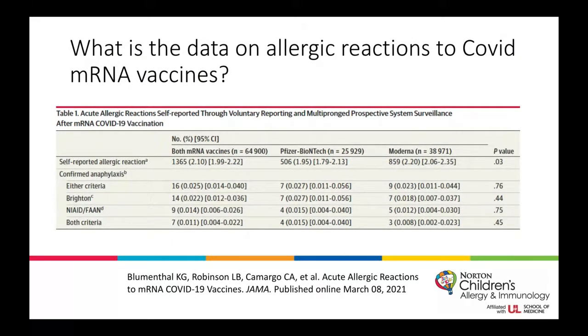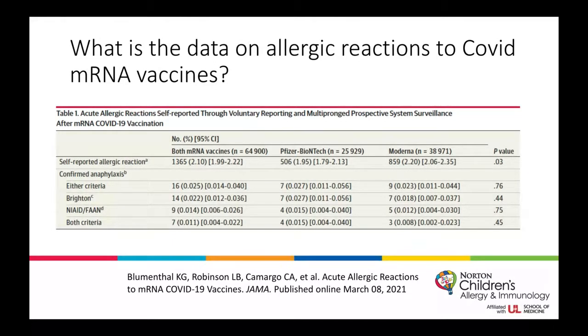And this is the biggest study that was done looking at patients with self-reported allergic reactions, and this was done by the fellows actually at Mass General and at Boston Children's. They looked at 64,900 healthcare workers that received either Pfizer or Moderna. And out of 64,900, 1,300 of those patients actually self-reported allergic reactions.